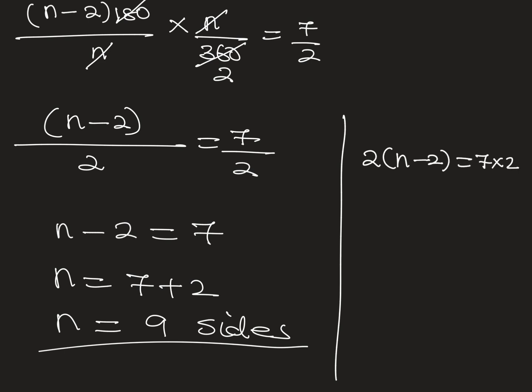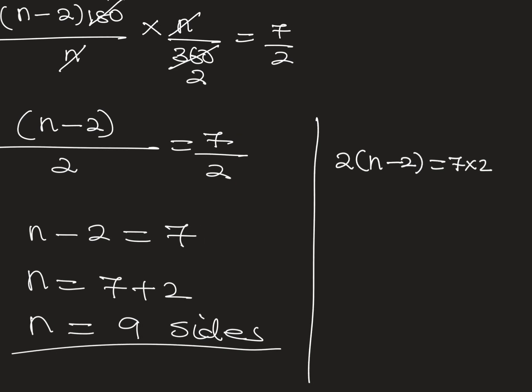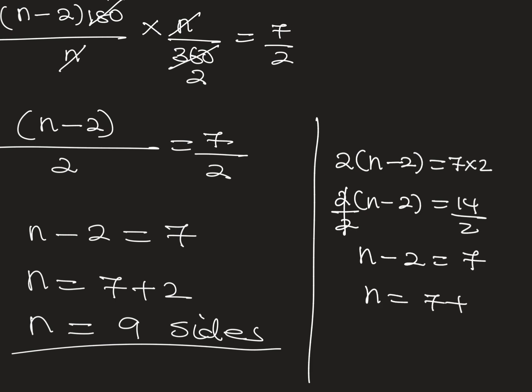That's going to be 2 into (n minus 2) is equal to 14. Then you divide both sides by 2. So that's going to be n minus 2 equals 7. So n will be 7 plus 2. n will be equal to 9. Anyway, you can solve.